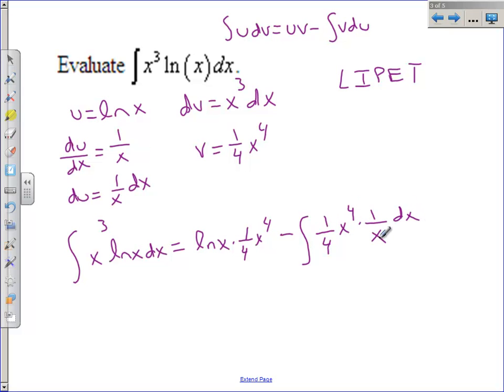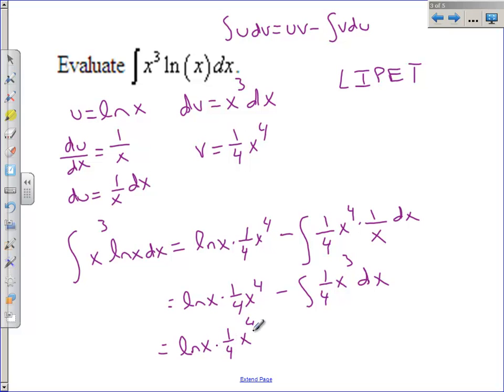I can take this x and divide it into the x to the 4th, and that's going to turn it into the integral of 1/4 x cubed dx. So hopefully if I've done this correctly, I create an integral that is easy to do, and this one is very easy to do. So my final answer here is natural log of x times 1/4 x to the 4th minus 1/16 x to the 4th plus c.